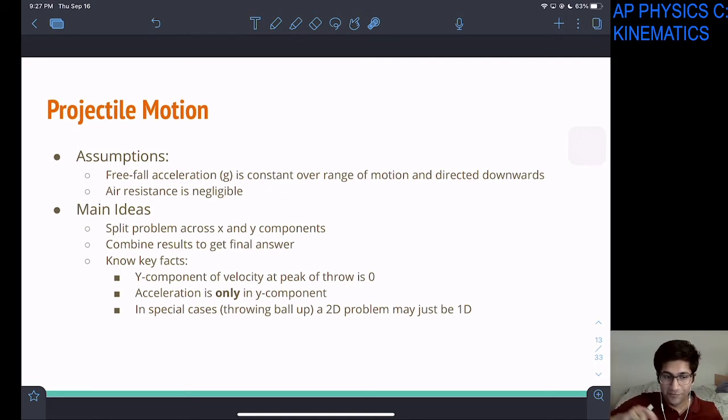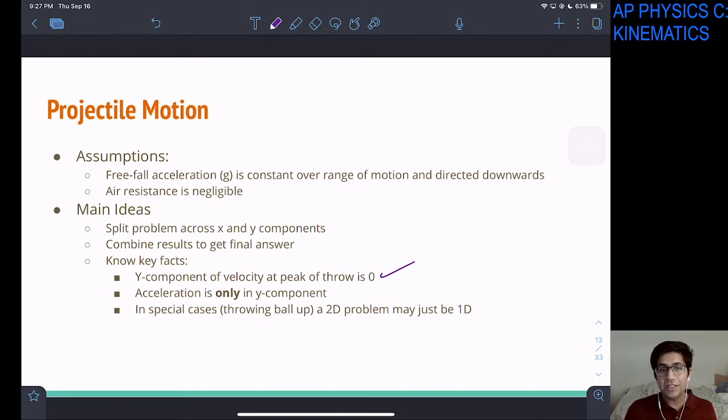'Cause velocity is speed and direction, so magnitude and direction. So if it goes up, up, up, the speed's probably going to decrease, right? As it goes up, it's not going to go up forever. When it comes back down, it's going to be negative. At some point in between, at the peak, the velocity is going to be 0. So that's one thing that we should always keep in mind.